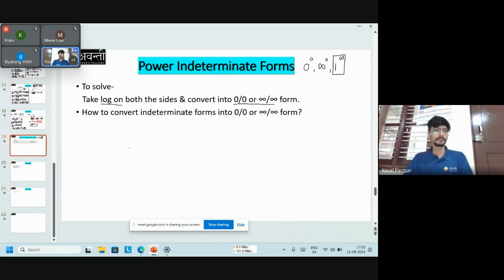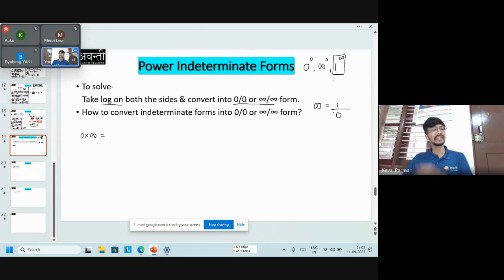For example, suppose my indeterminate form is 0 into infinity. How do I convert 0 into infinity into a 0 upon 0 or infinity upon infinity form? It is very simple. As we all know, infinity is any quantity upon 0.